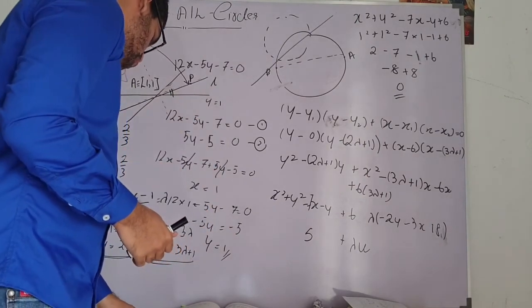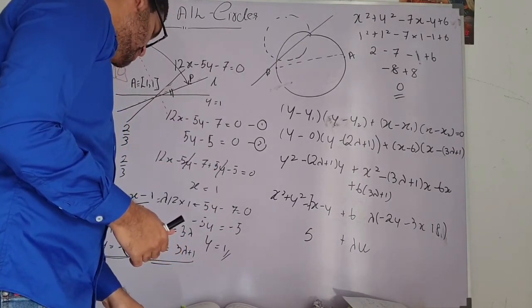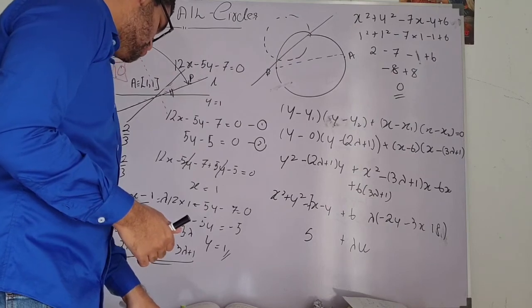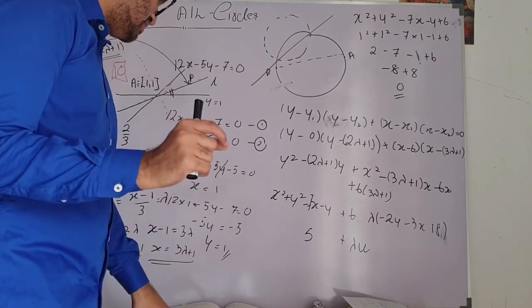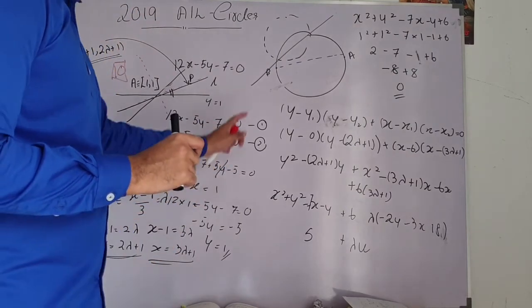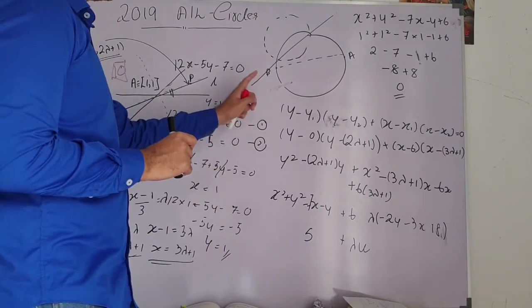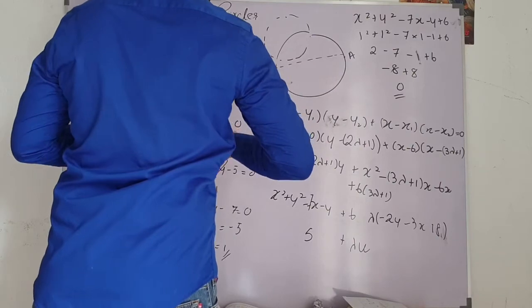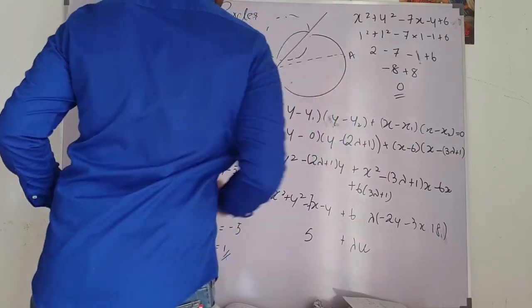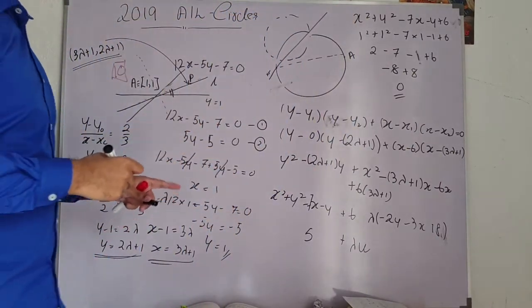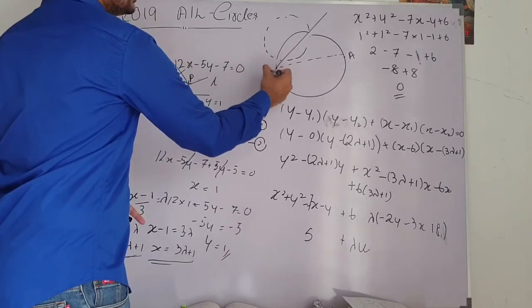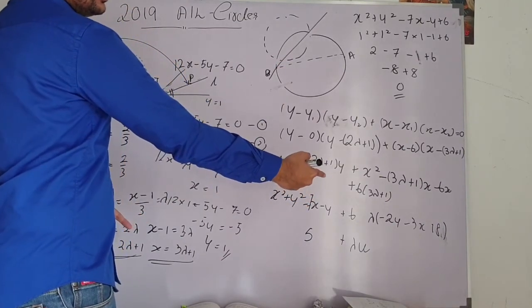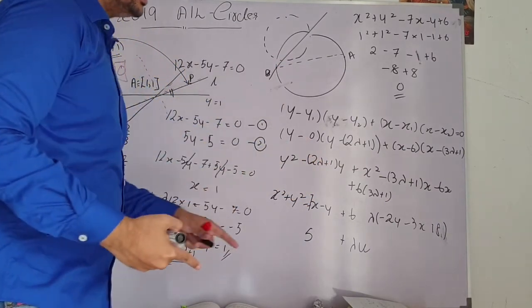So you should also show that U equals 0 is the equation of the straight line through B perpendicular to L. So if this straight line goes through B, then you should think that this straight line will have that answer.